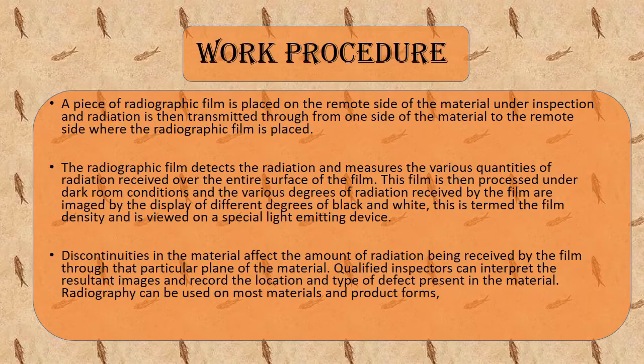Areas of the film exposed to less energy remain lighter. Therefore, areas of the object where the thickness has been changed by discontinuities such as porosity or cracks will appear as dark outlines on the film. Inclusions of low density such as slag will appear as dark areas on the film, while inclusions of high density such as tungsten will appear as light areas.